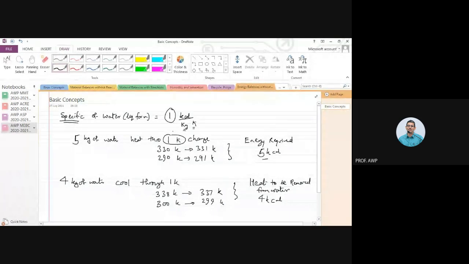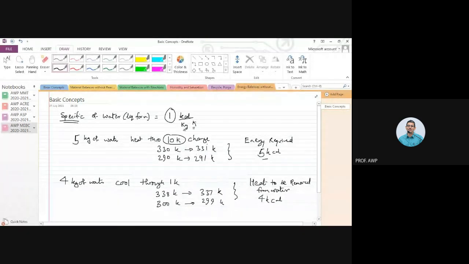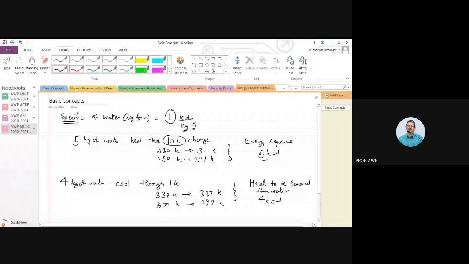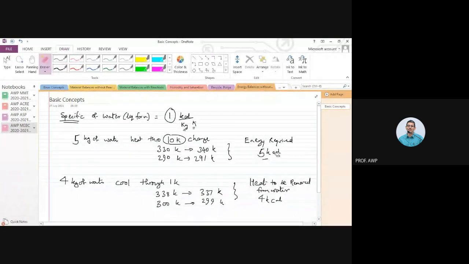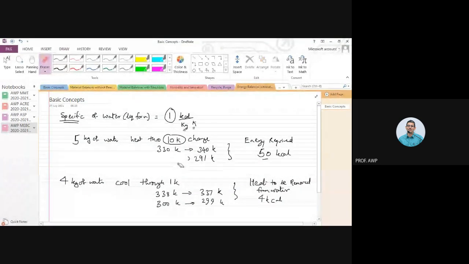But if I want to heat through 10 Kelvin, so for example from 330 Kelvin to 340 Kelvin, it would just be 10 times this number, right? It would be 50 kilocalories. So that's why we use specific heat.